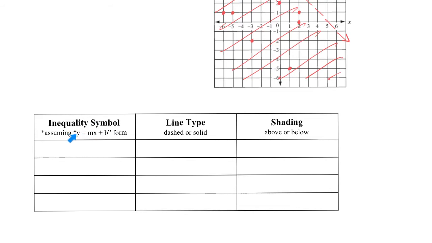But what I mean is y by itself on the left, mx plus b form on the right. There are four symbols that we could see: greater than, less than, greater than or equal to, less than or equal to. For the ones that are not equal to, it's kind of like an open circle. Those are going to be dashed. For the ones that are equal to, those ones are going to be like a closed circle. They're going to be solid.